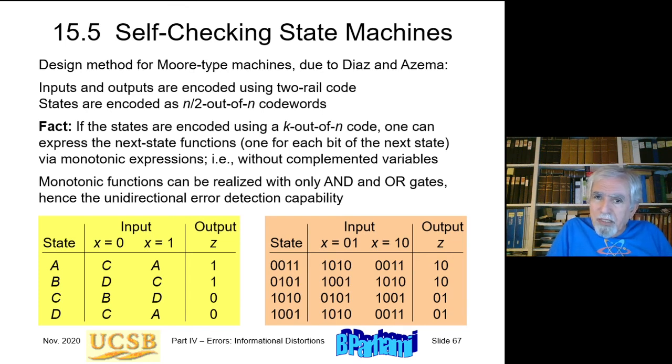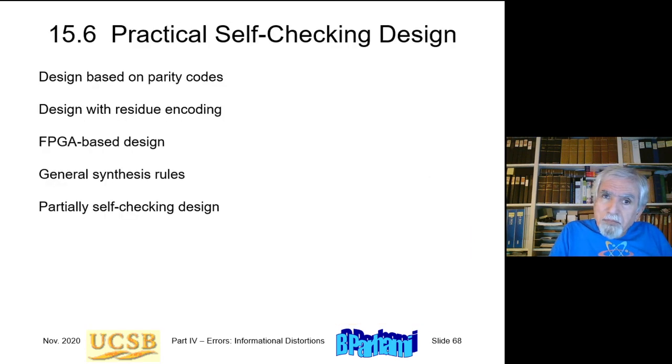Similarly for an OR gate. So AND and OR gates are both monotonic functions. And therefore, this particular sequential circuit will be self-checking with respect to all unidirectional faults.